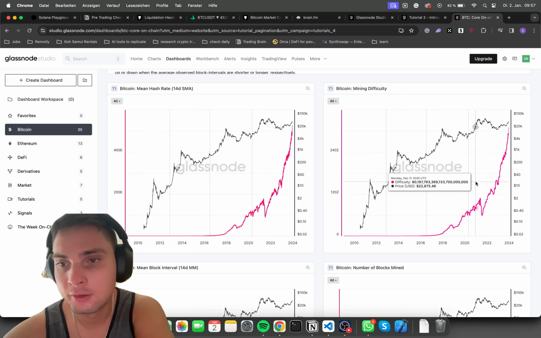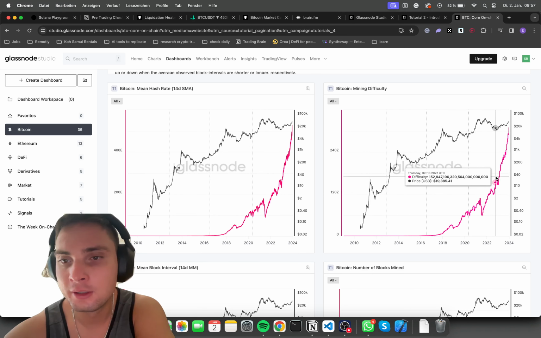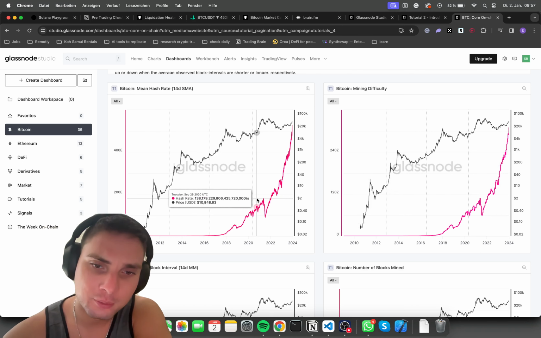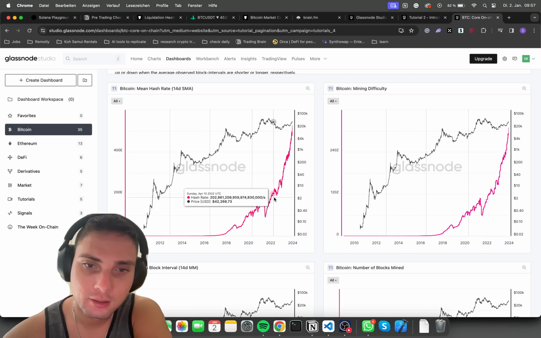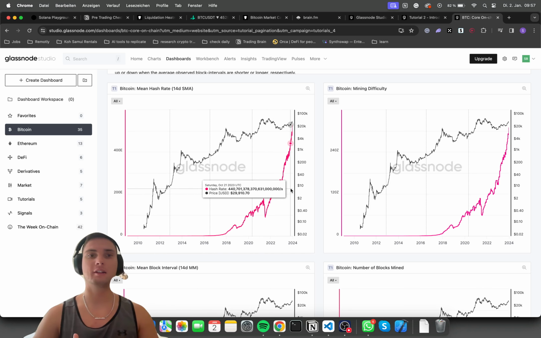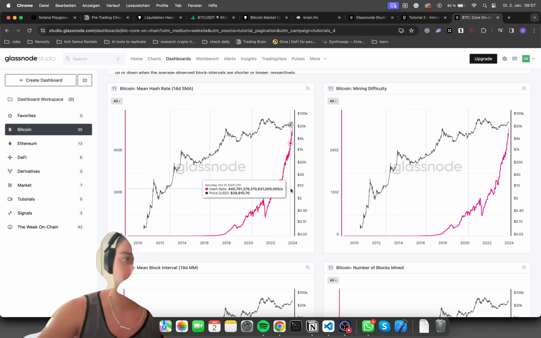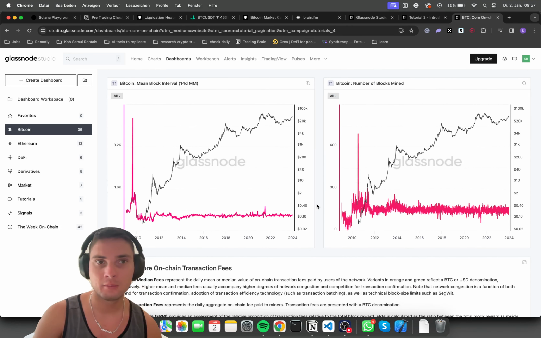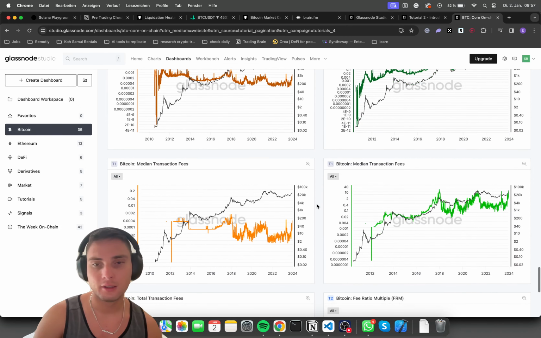And if the mining difficulty goes up, you need more power, and it's harder to mine a block, of course the miners top up their hardware, and then the mining difficulty gets down again, and they're pushing each other. Number of blocks mined, mean block interval, yeah.